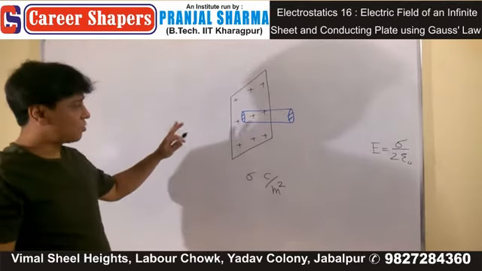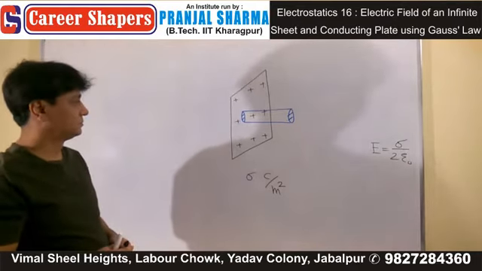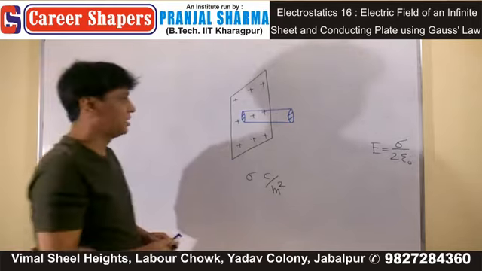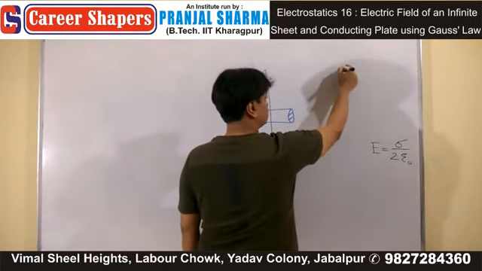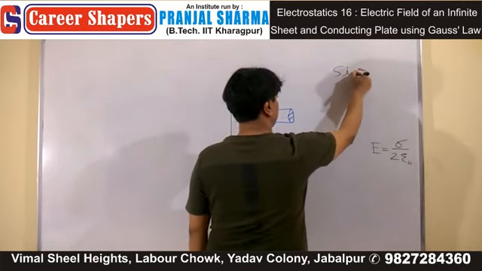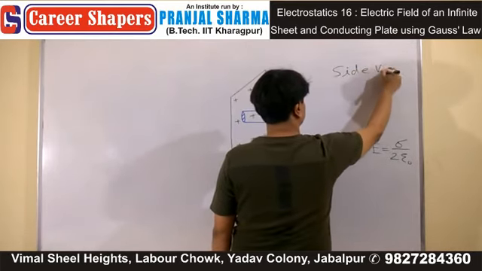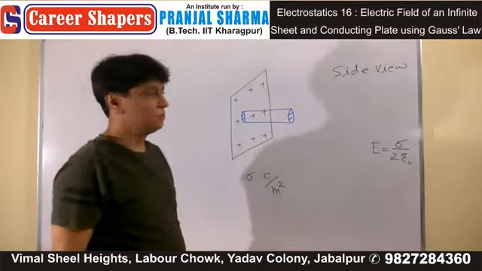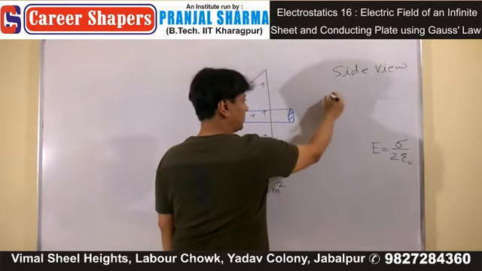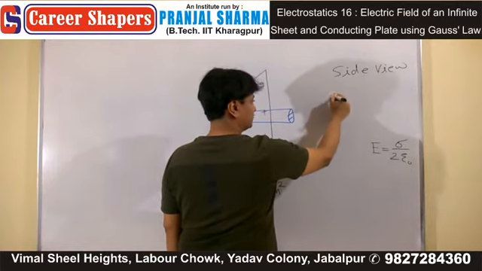But instead of drawing this figure, it's better if we draw the whole thing in this form. This will be called side view. What is a side view? In side view, this whole thing will look like this.